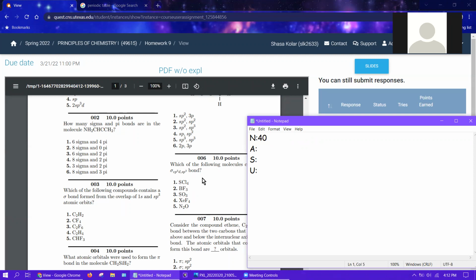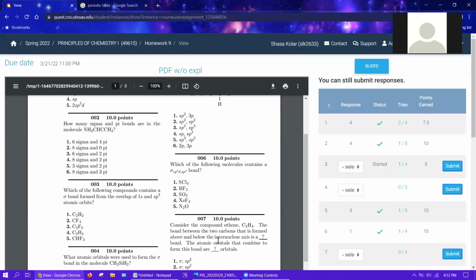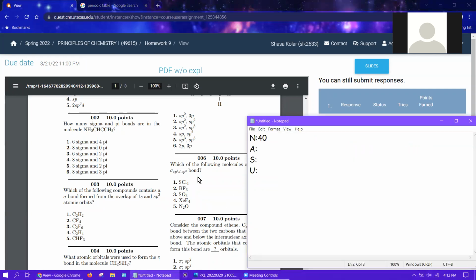For available, S is in the same category as oxygen, so it has 6, and these 4 each have 7. 4 times 7 is 28, 28 plus 6 is 34. So we have 34 available. And for bonds, we have 6. And for unshared, we have 34 minus 6, which is 28.